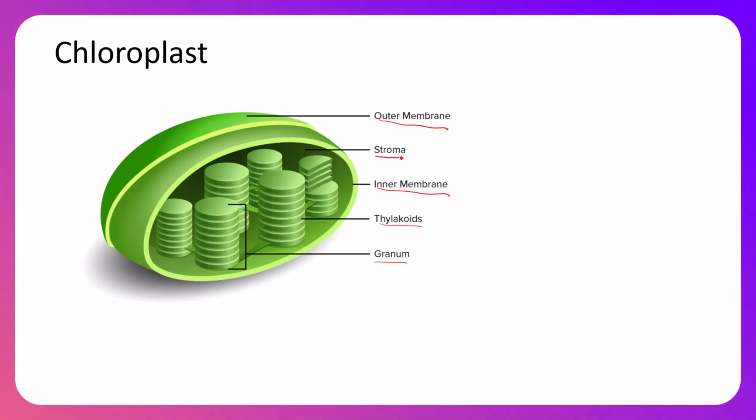And we talked a lot in our cell unit about structure and function and how structure dictates function. And we also talked about surface area to volume ratio. So it is very important for these discs to be flat because that is a structural adaptation to increase surface area to volume ratio. So the surface of this particular disc is flat to allow a lot of light absorption to take place. This would be where all of the sunlight is absorbed.